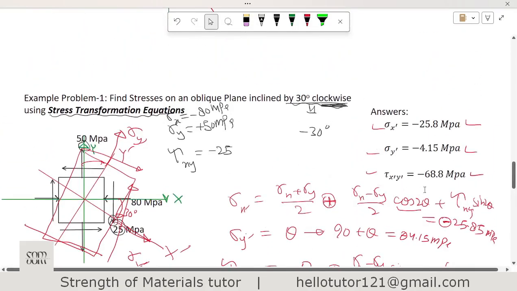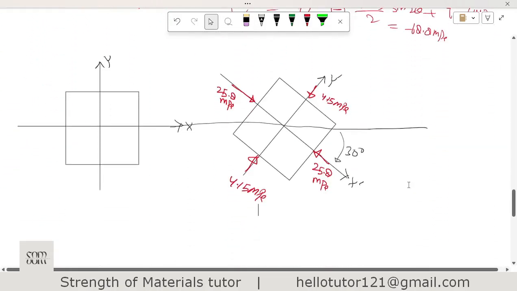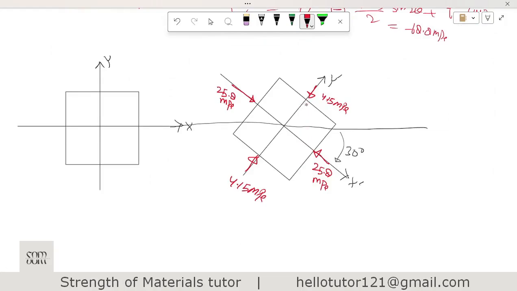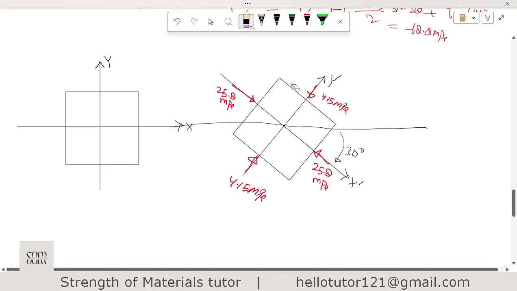Now shear stress is minus 68.8. Negative. If I draw, we can draw here or here, because these are the primary. If I draw here, but it is negative, this side it is positive, because the arrow is towards left. So I will draw like this, because this arrow and this arrow are opposite, and opposite means negative.